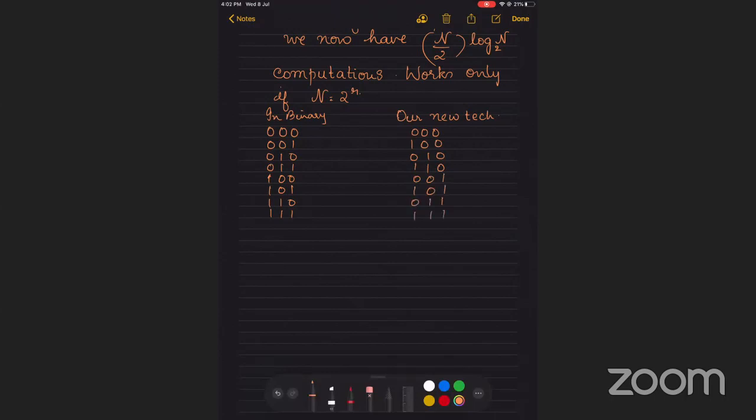What we see is, suppose you put a mirror here and show these numbers, this is how the numbers will look. The reflection of the numbers on the left-hand side in a mirror is the right-hand side numbers.